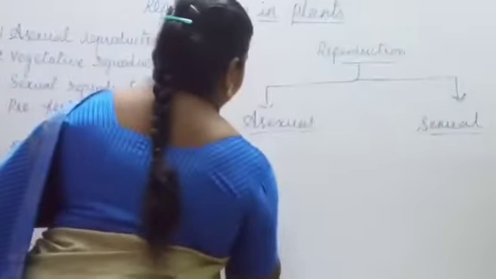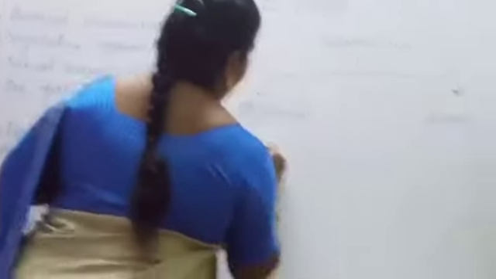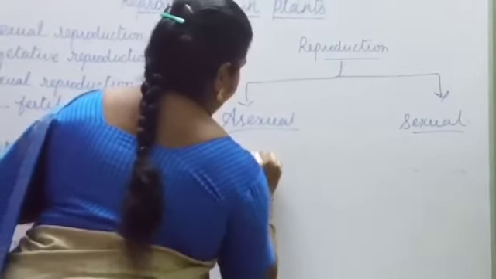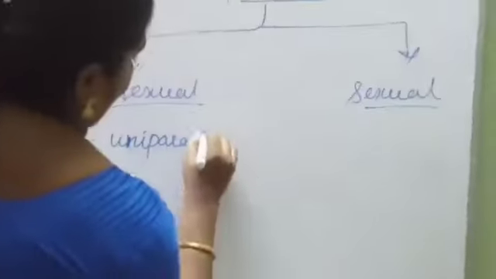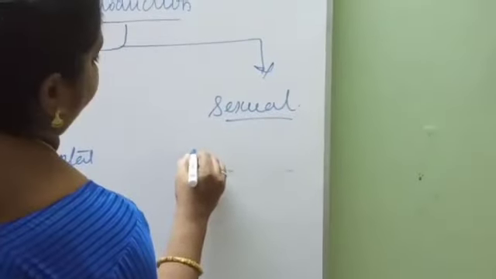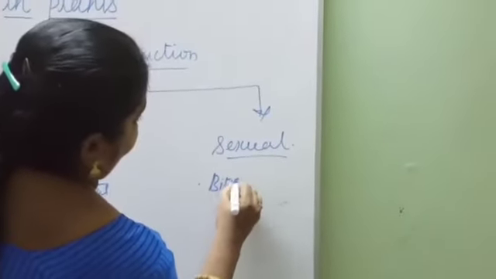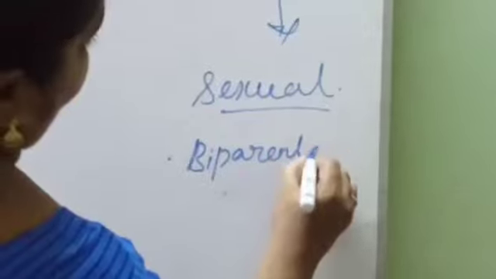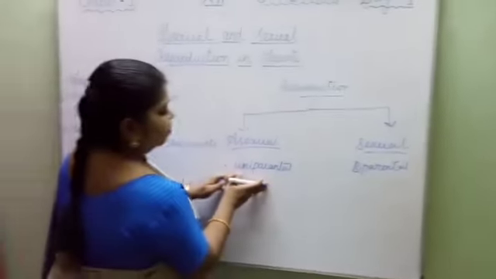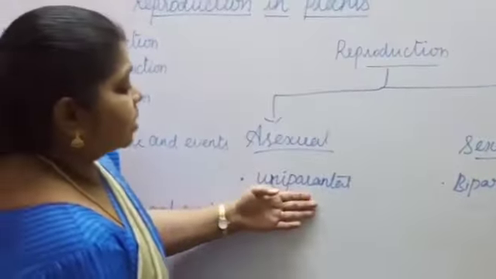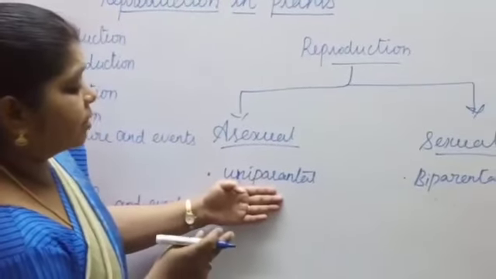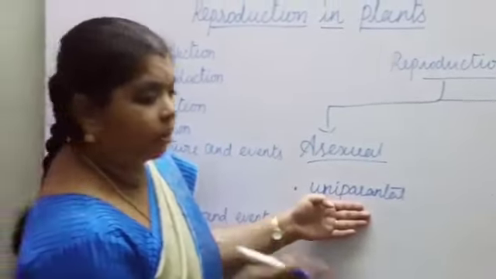Asexual reproduction is uniparental. Sexual reproduction is biparental. What does uniparental mean? In asexual reproduction, only one parent is needed for the reproduction.